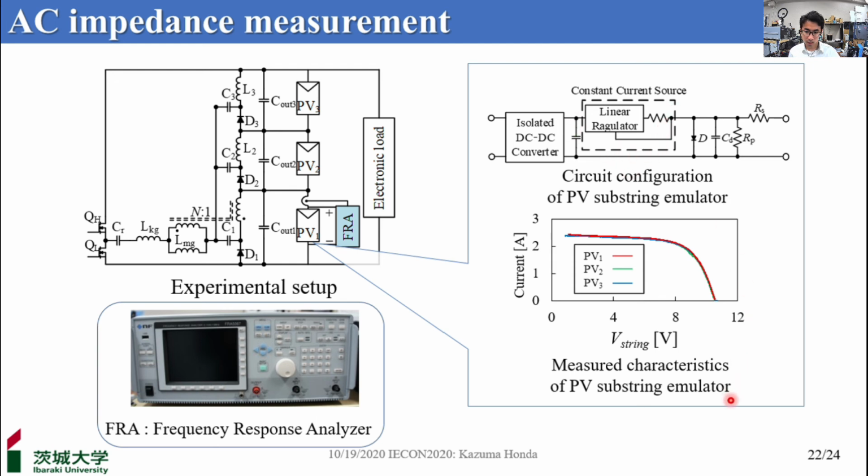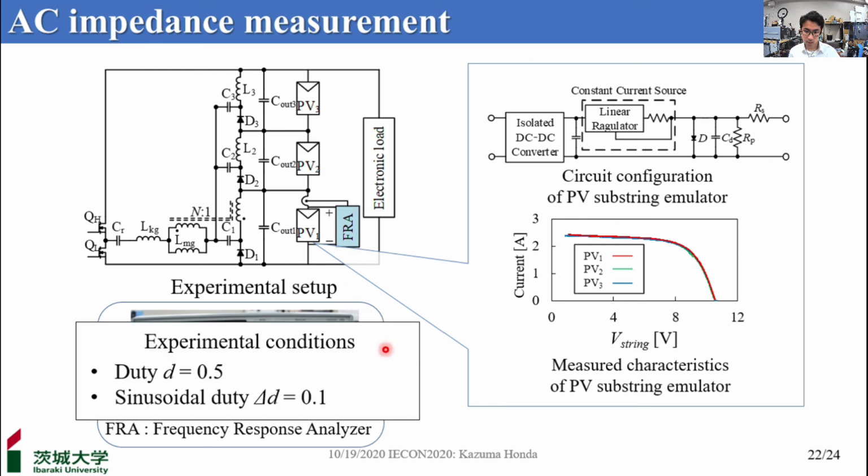The right bottom is the IV characteristics of the PV substring emulators used for the experiment. The currents and voltages of the substring emulators were measured using the frequency response analyzer, FRA. Here are the experimental conditions. The values of passive elements were also measured using the FRA alone to compare with the proposed DPP converter.